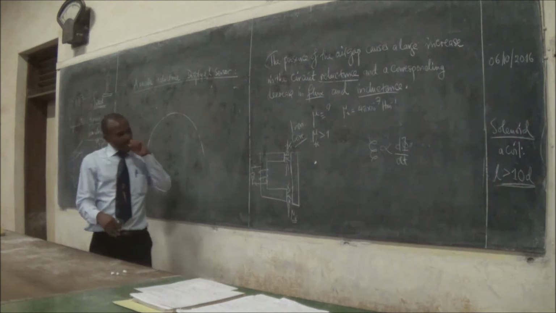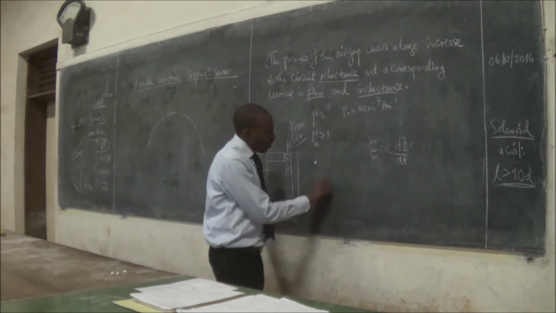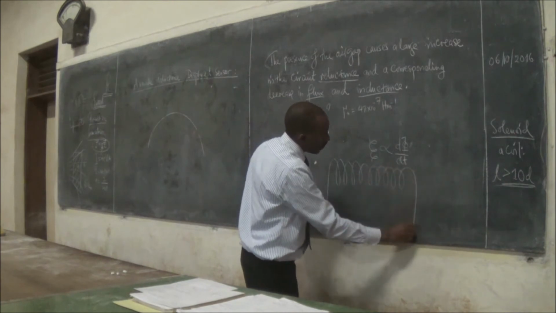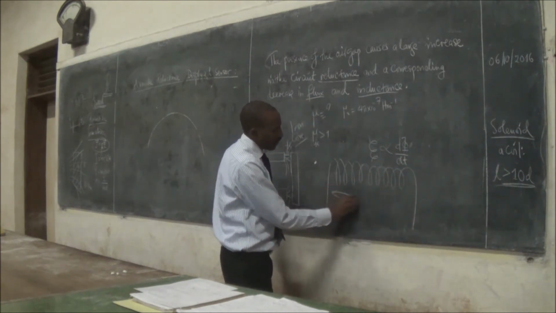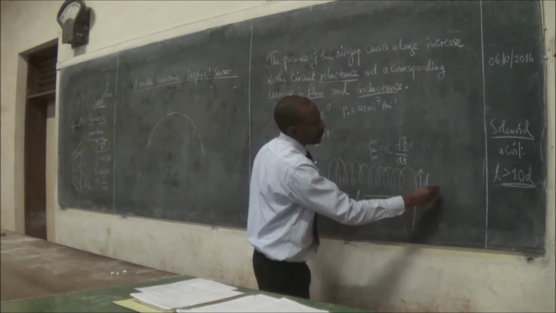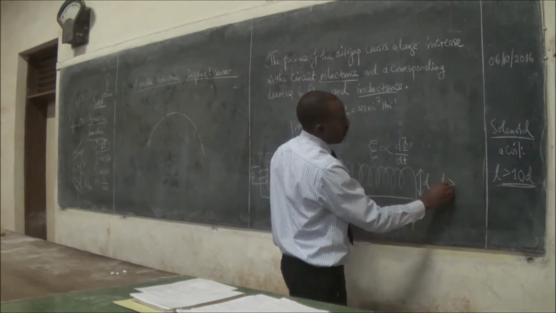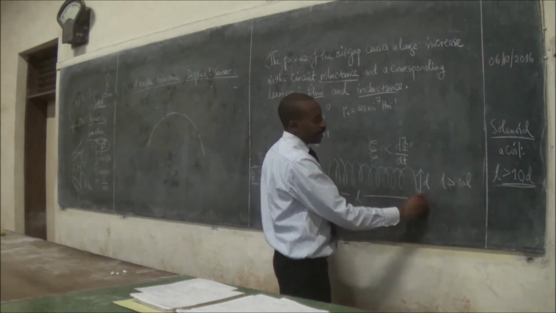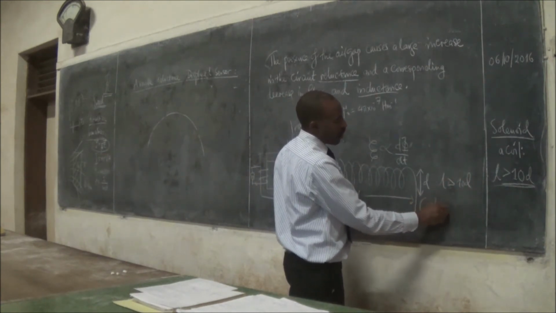So I was still saying that if you have a coil whose length is 10 times the diameter, or more than 10 times the diameter, we no longer call it just a coil.